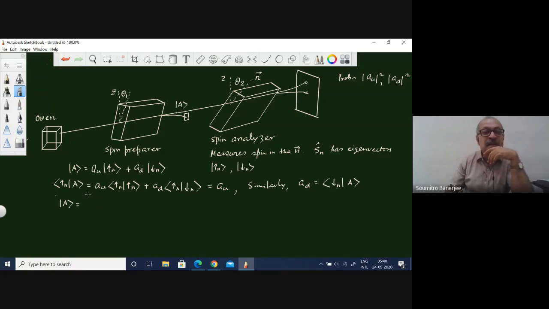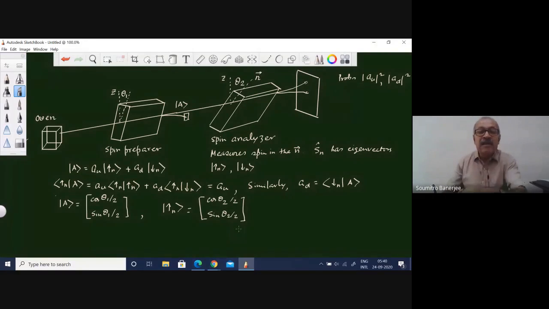So we can express that as the way we have written in the last class, cos theta 1 by 2 and sine theta 1 by 2. And in a similar way, up in the direction of n will be written as cos theta 2 by 2 and sine theta 2 by 2. Okay.